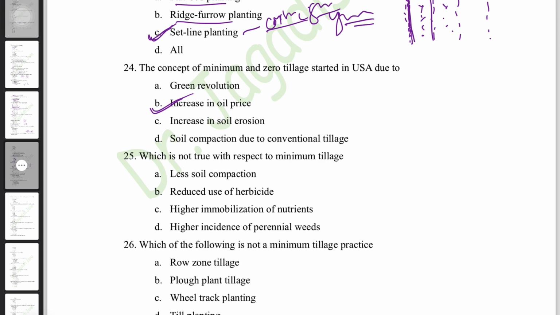There was dust bowl formation, and at the same time the oil price increased so much that people started using conservation agriculture, zero tillage and minimum tillage practice, because they felt the oil price was rising, they were already in the situation of dust bowl, and the soil structure was deteriorating. So they switched to zero tillage.